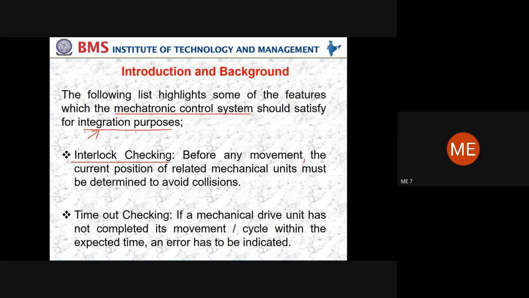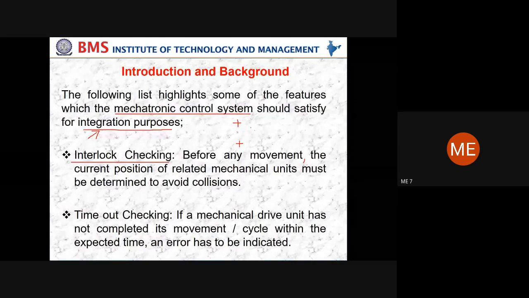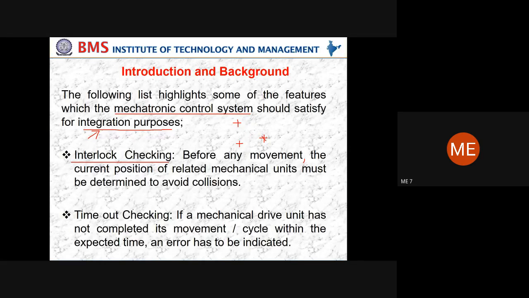Let's say you have one particular component present here, and another component present here. This is the current position. You need to move this component somewhere here, which is your next second point, and from here to here, you need to move the component somewhere here.